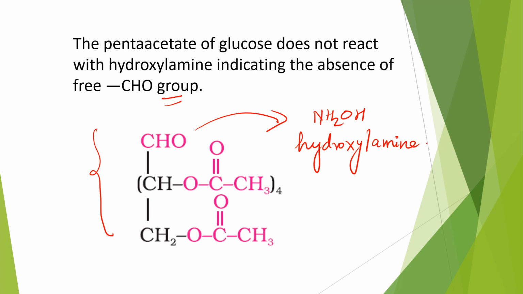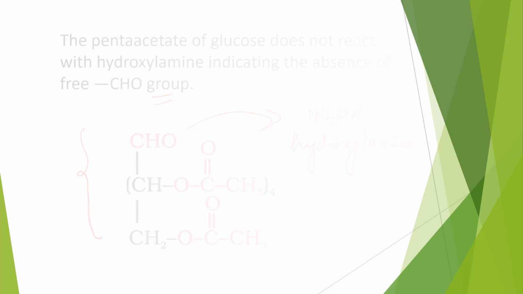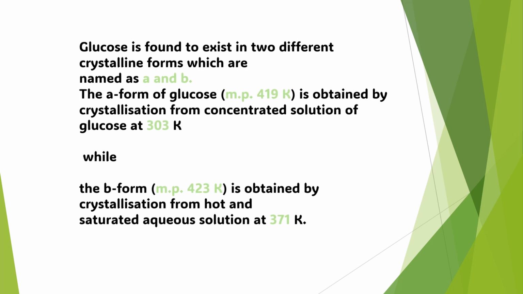Now next, one more thing that was very important. It was about the structures of glucose. Glucose is found to exist in two different crystalline forms, alpha and beta. So we have to remember the conditions of alpha glucose and beta glucose. The alpha glucose melting point is 419 Kelvin, and it is obtained by crystallization from concentrated solution of glucose at 303 Kelvin.